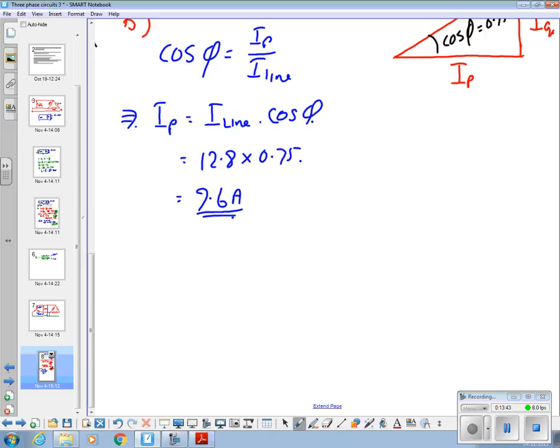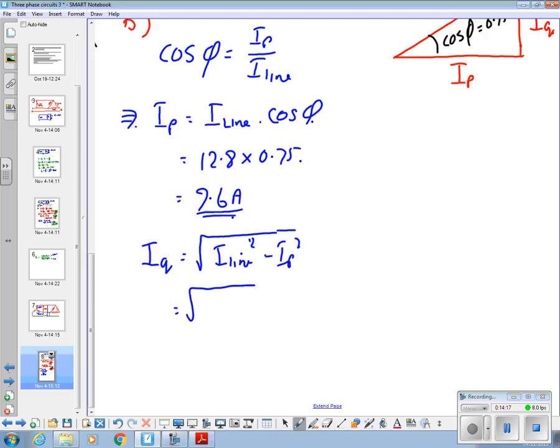And then, have you found IQ? I think so, I don't know. But yeah, I've just done the same thing for the other question. So IQ equals the square root of I line squared minus IP squared.